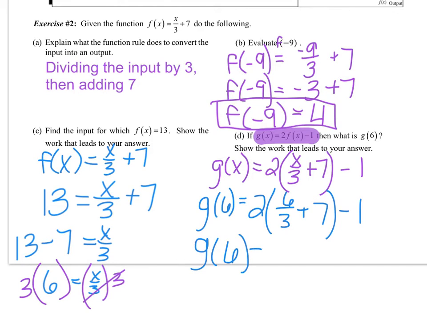This isn't too bad. You could really type this all in your calculator, but let's do some calculations. So 6 divided by 3.